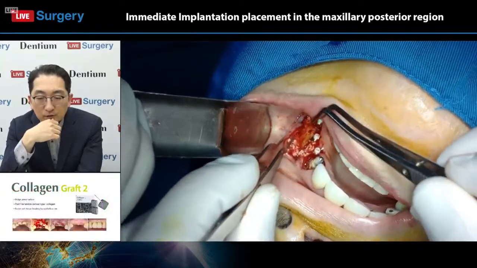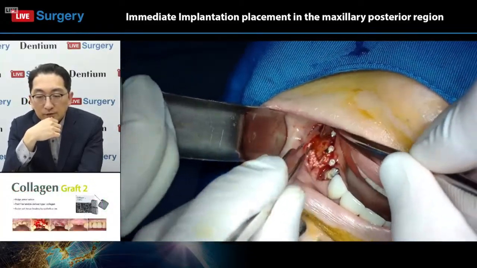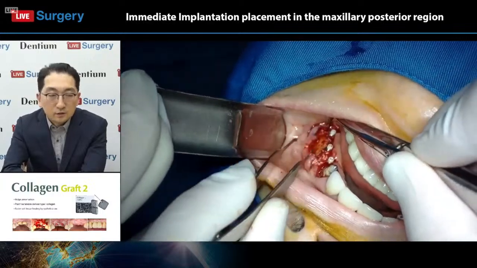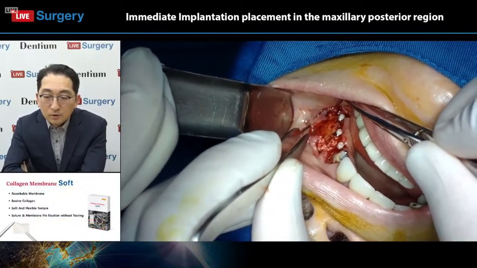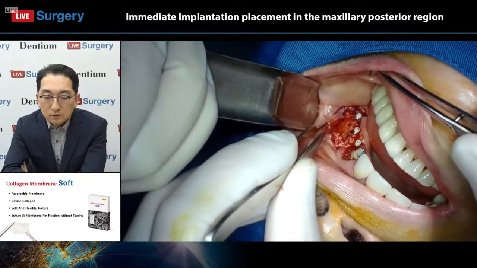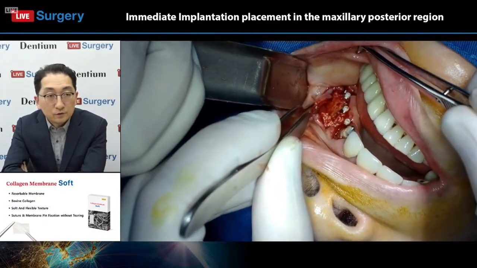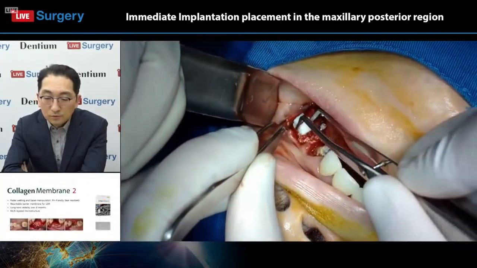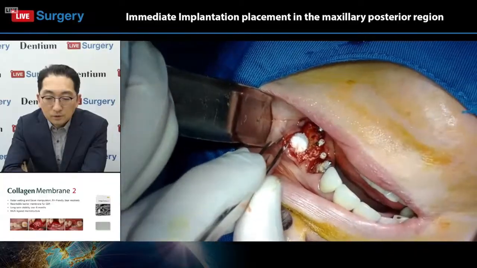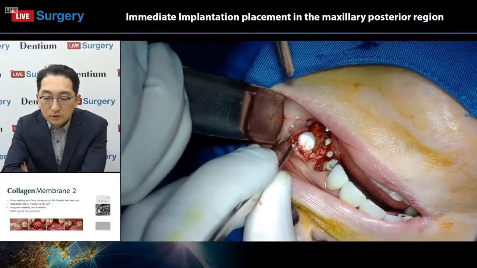Before suturing, although the dehiscence defect did not occur at site 24 and 25, the remaining buccal bone is thin, so there is a possibility of future resorption. Therefore, bone grafting was performed on the buccal side using osteointegral collagen.